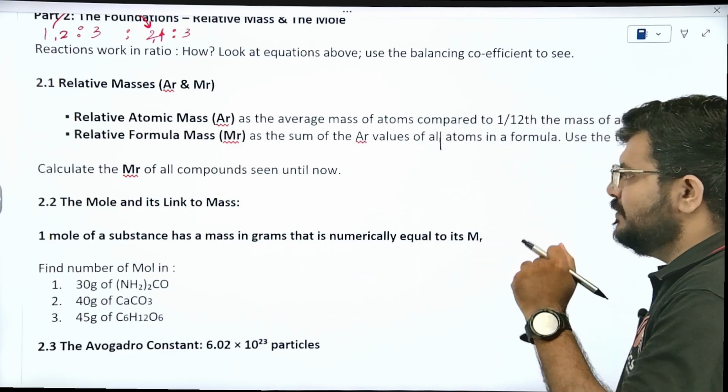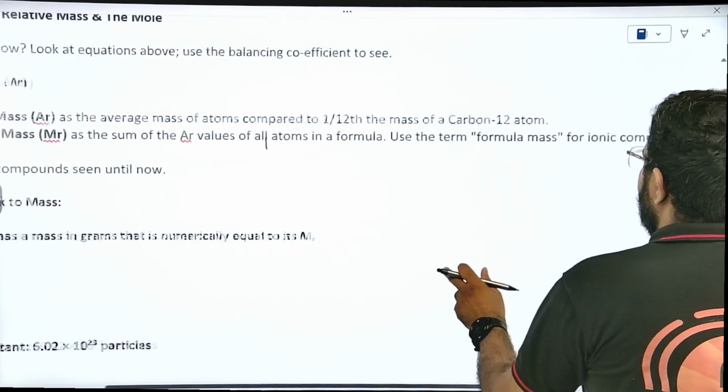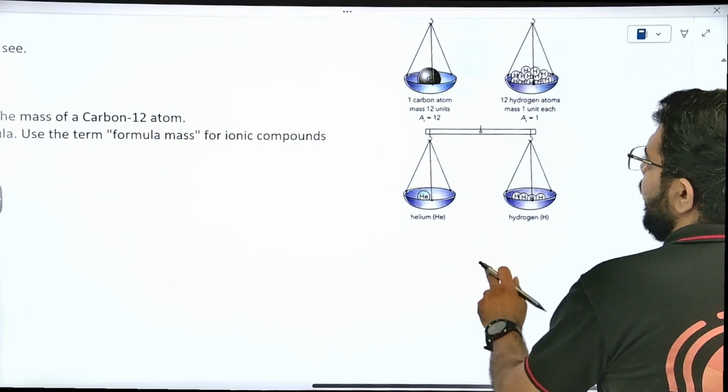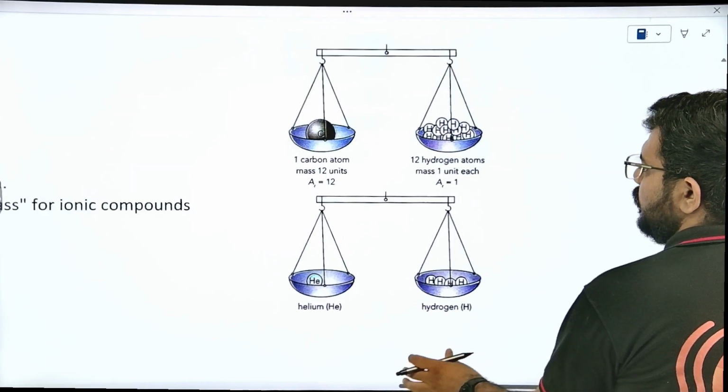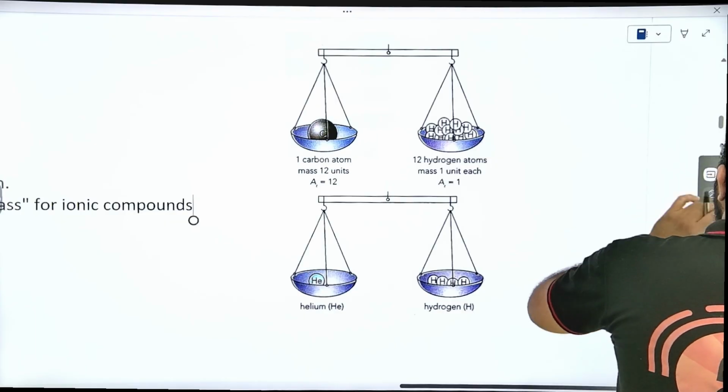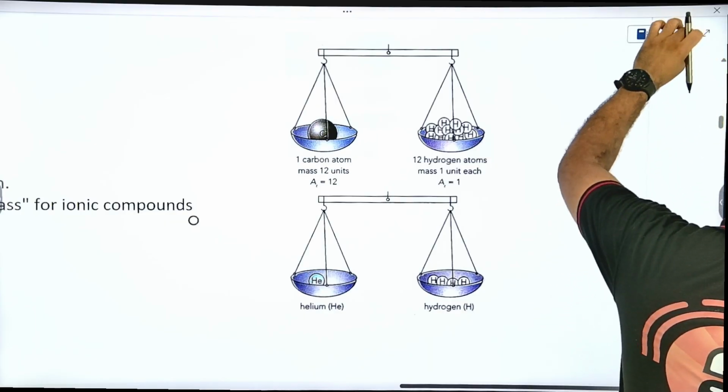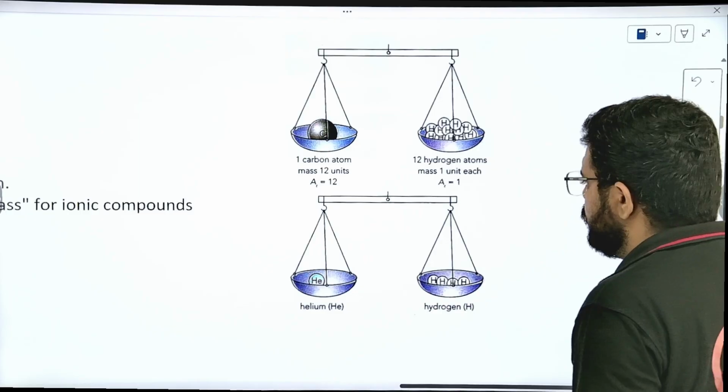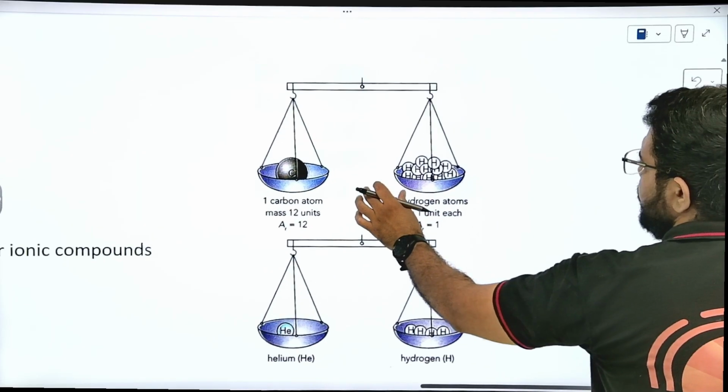Now, this seems a little bit difficult. So let's have a look at these balances. Okay, so these are a few balances that I see which can help us to understand what this balancing is.